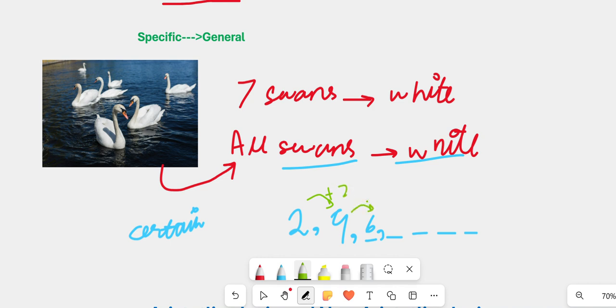So we can induce that this would be 8, and this would be 10. Although it can be true or false. We don't know, if these are the results of some experiment, then this can be 18 or something. But we just induced that this would be 8 and 10.